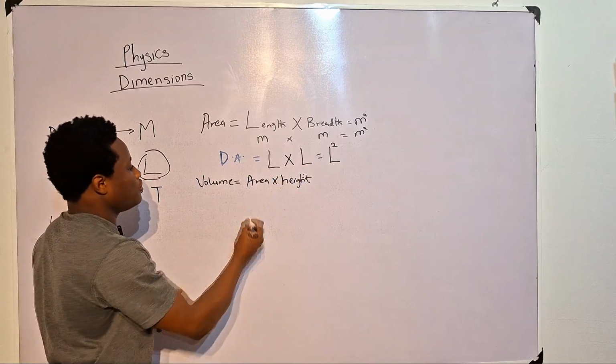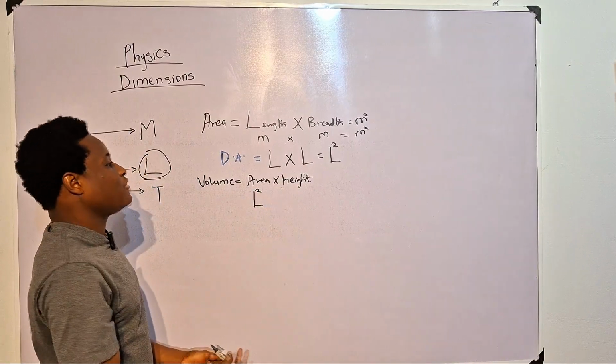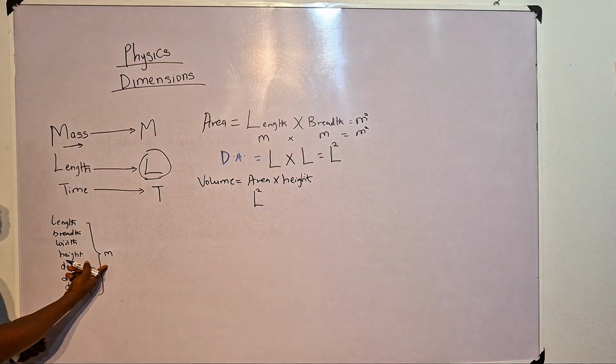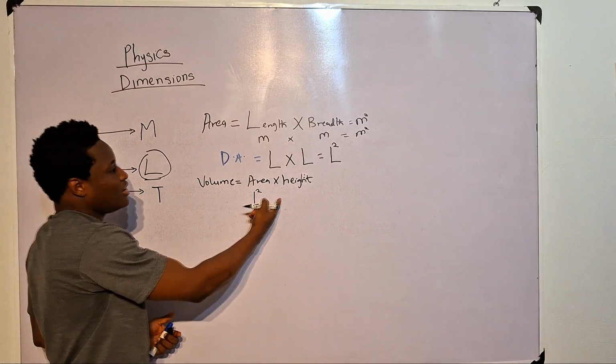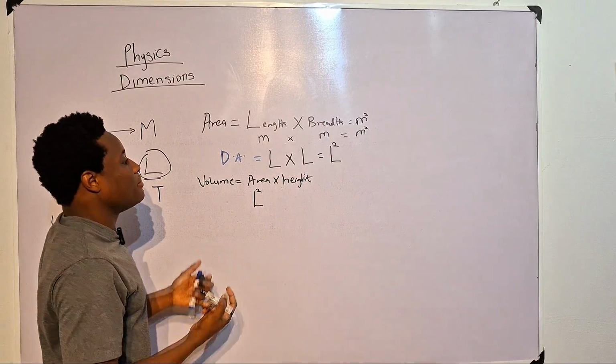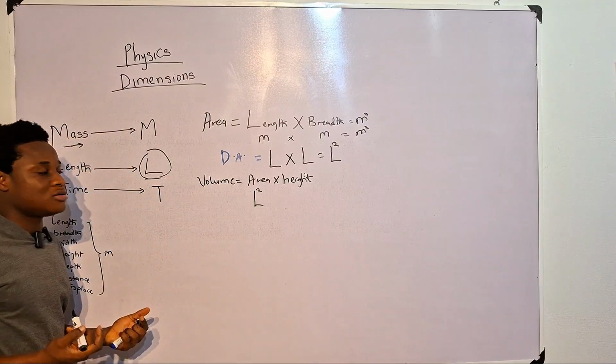So we have gotten this one already. So we put L squared. But now we have to find for height. And I told you that height is also measured in meter, meaning that anywhere we see height here, the SI unit for height becomes meter, or we represent it in meters.